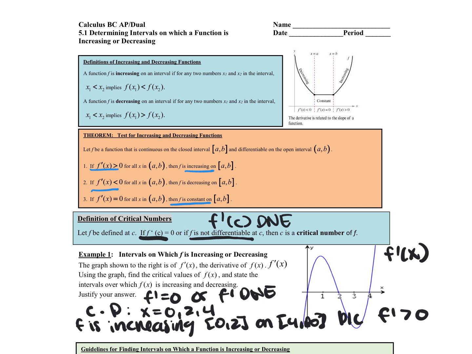F is increasing on those intervals because f prime is positive, and then f is decreasing when f prime is negative, right? So negative infinity to 0 and 2 to 4. Justification, because f prime is less than 0.